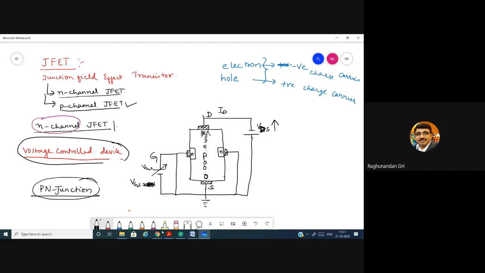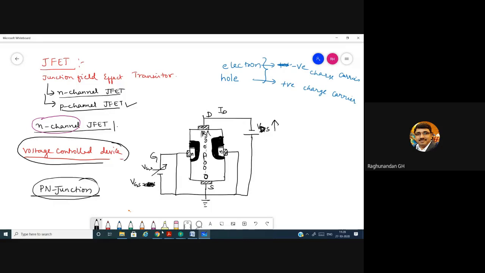Now what happens? The depletion region starts forming. I'll keep on increasing VGS, and I'll be increasing VDS also. The depletion layer will grow like this.